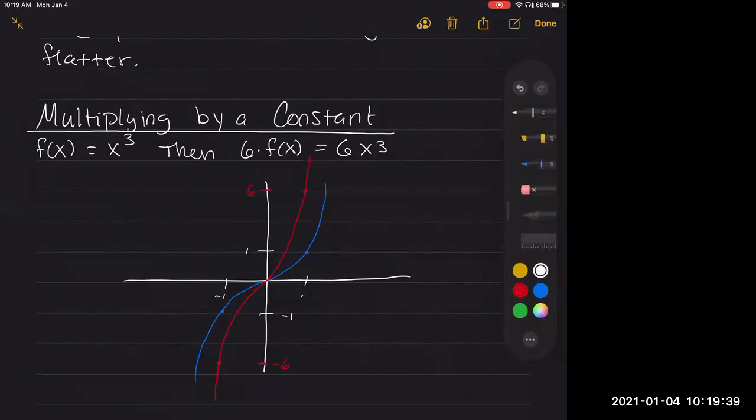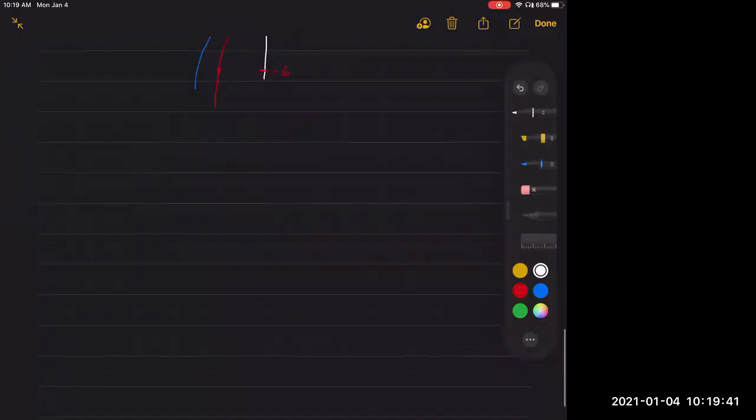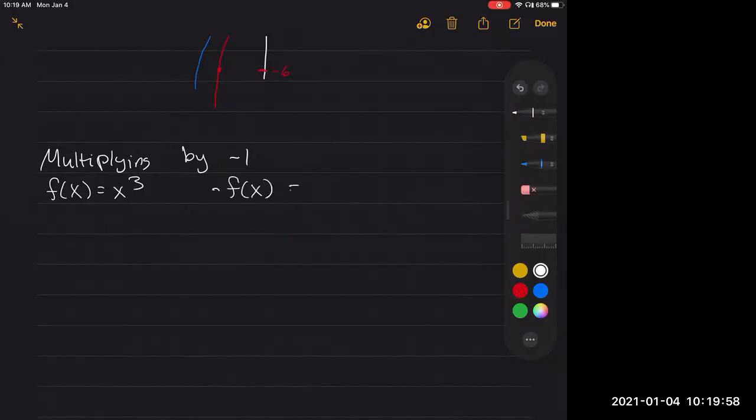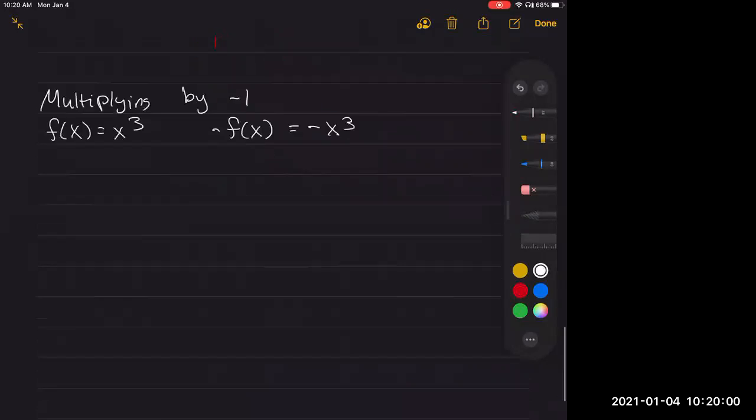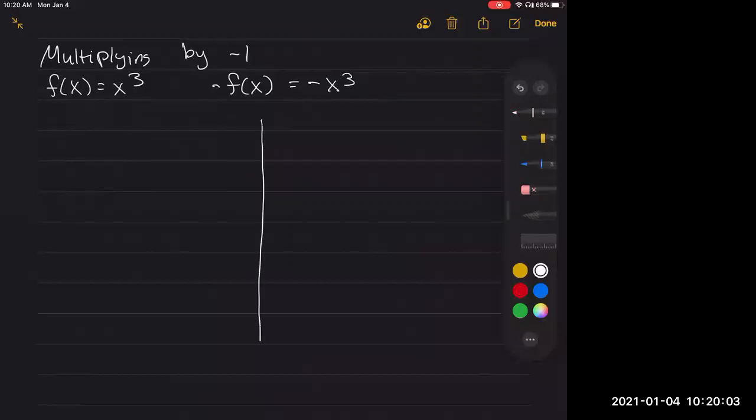And then another helpful constant to multiply by is -1. So if we have the same graph, f of x equals x cubed, then minus f of x will equal negative x cubed. And what this does to a graph is, we have our original graph here.